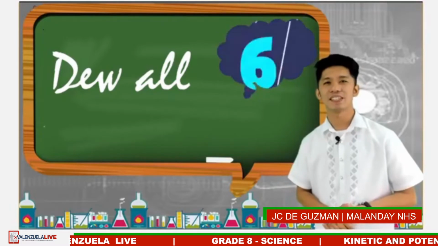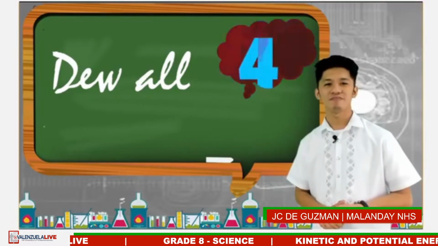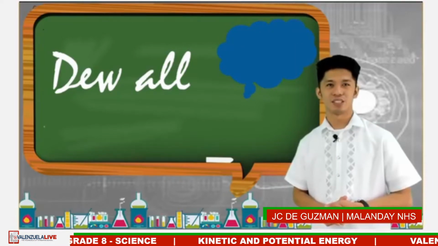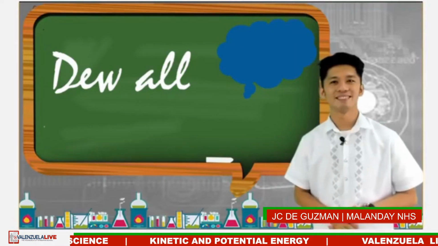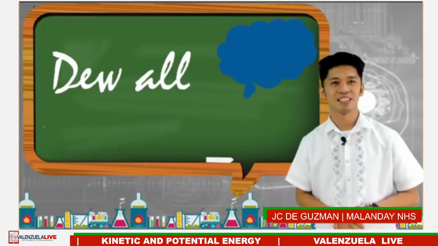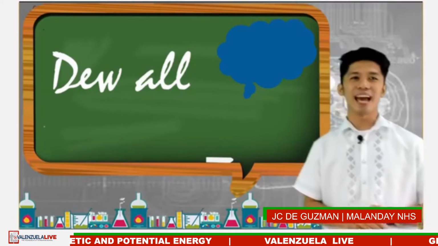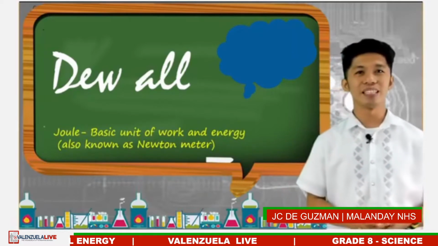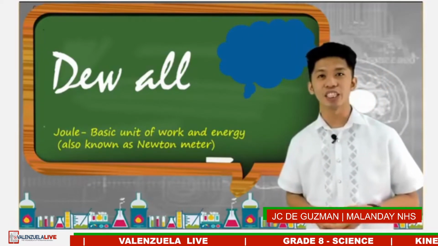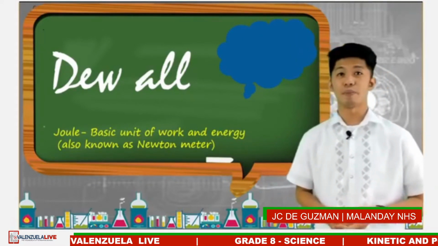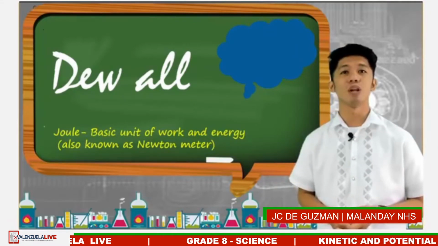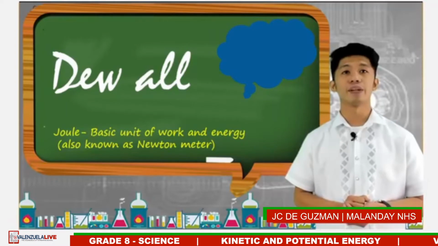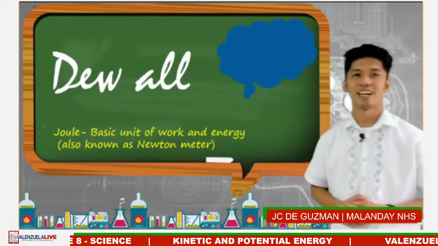Next. 7, 6, 2, and 1. So what do you think is the word? Alright, so the answer is joule. When we say joule, this is the basic unit of work and energy. It is also known as Newton meter, or represented by the symbol Nm. And by the way, joule is represented by the symbol letter J. Right.